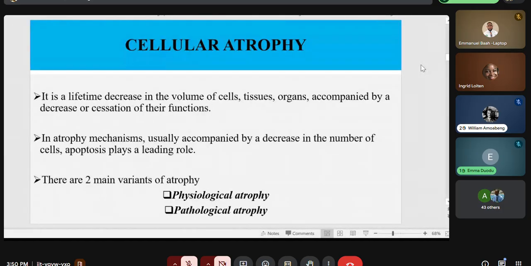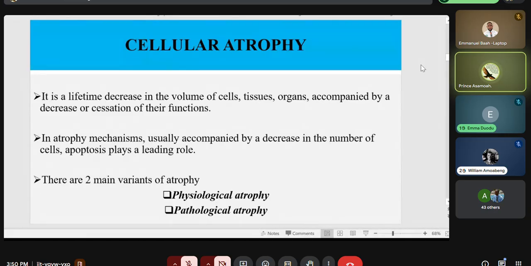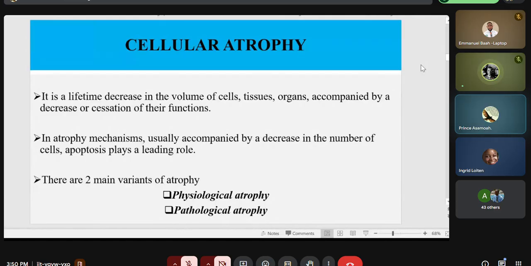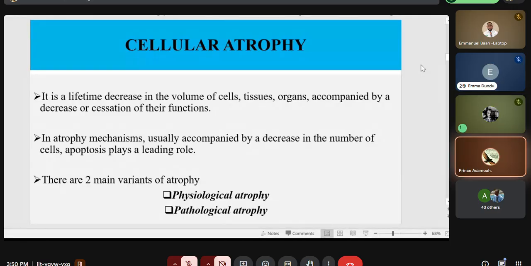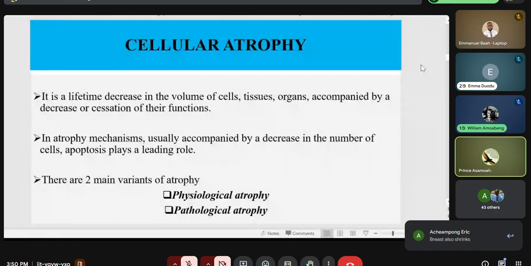But for atrophy to be really, really visible, it has to take quite a longer time. The cells do not shrink immediately, like maybe in a month or two. No, it has to take quite a longer time.